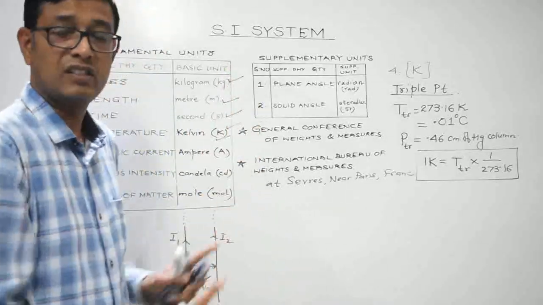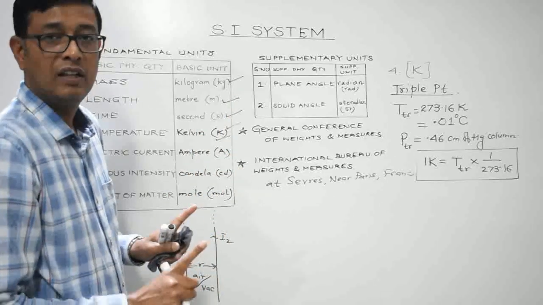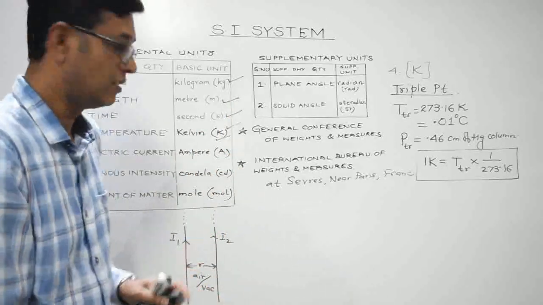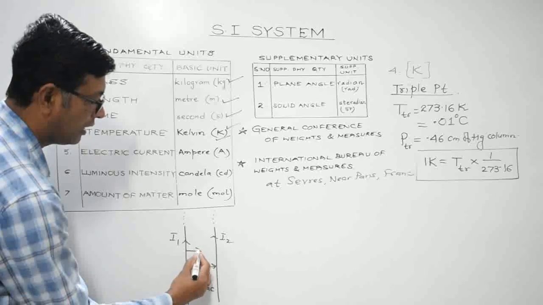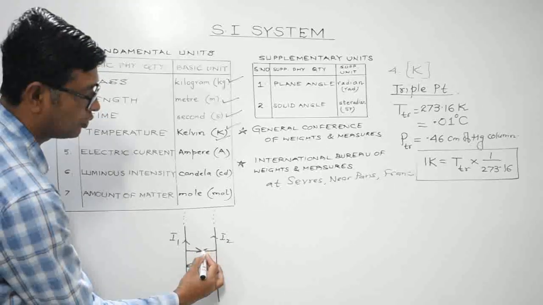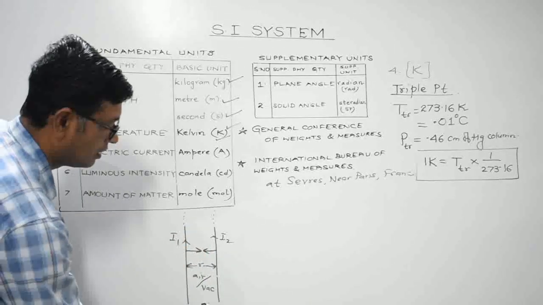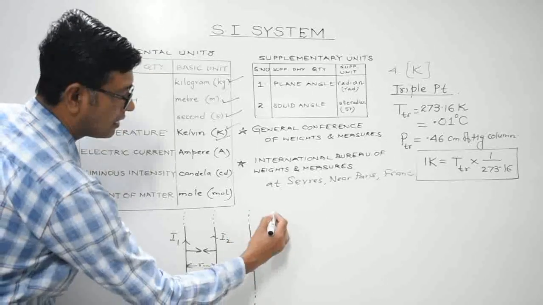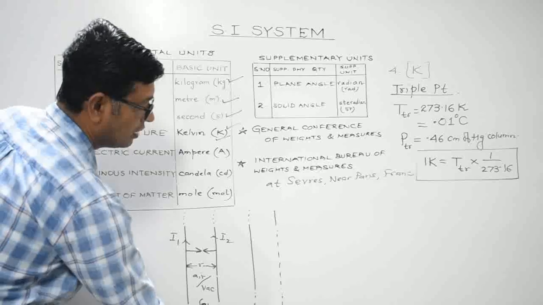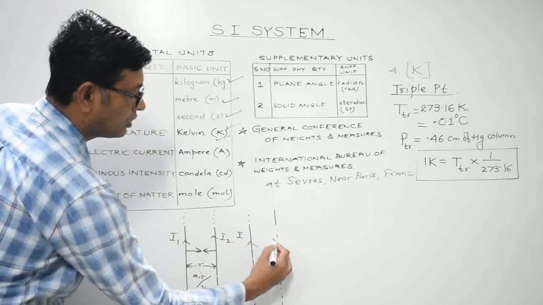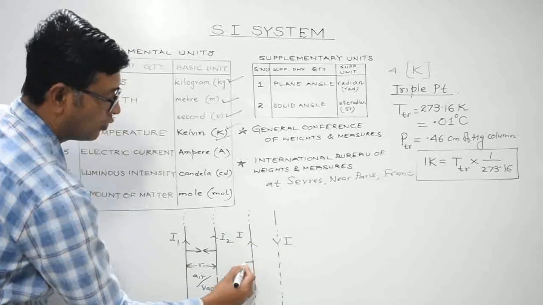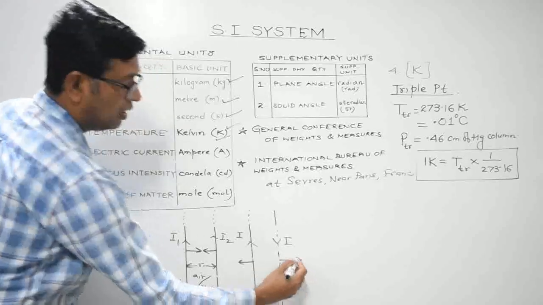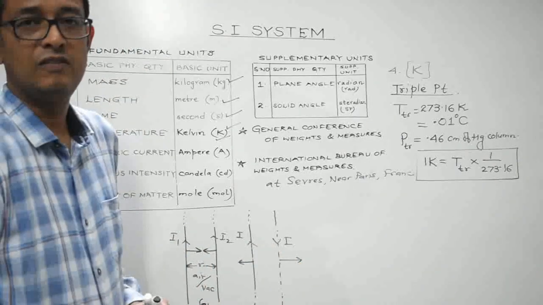Whenever two parallel wires carry current in the same direction, they exert an attractive force upon each other. On the other hand, if the same two parallel infinitely long straight conductors carry current in opposite directions, they exert a repulsive force upon each other.